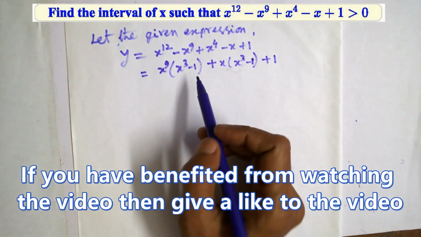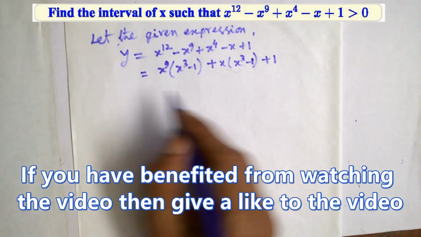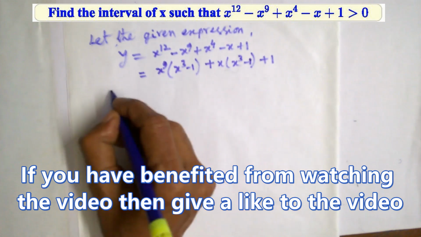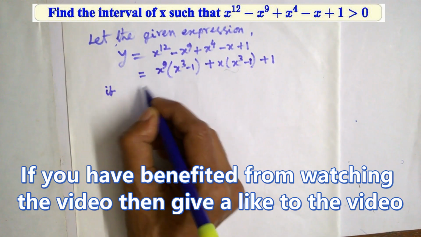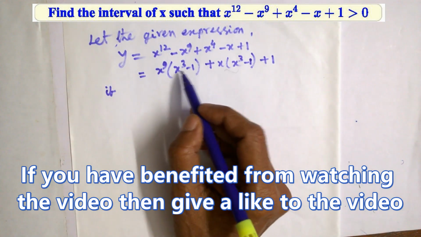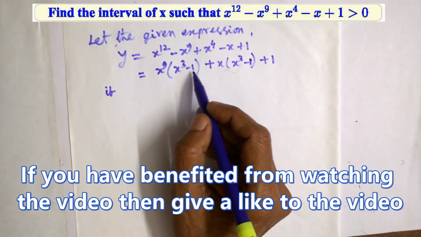Now it is reduced to 3 terms. Think about each of these terms. Here the basic thing is we have to consider the value of 1.